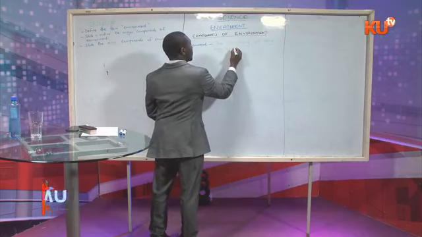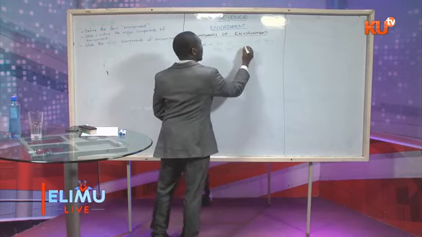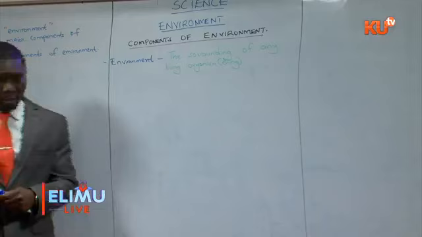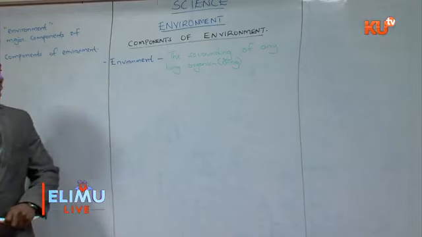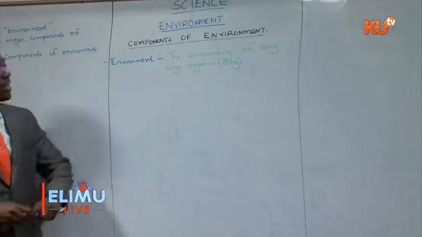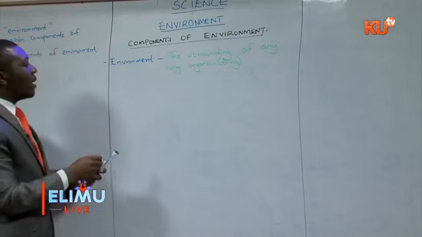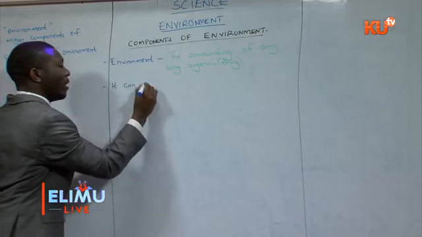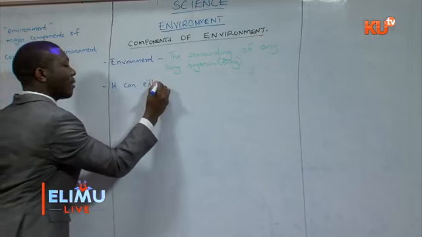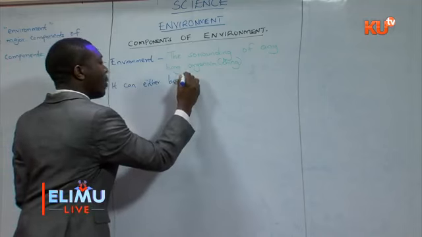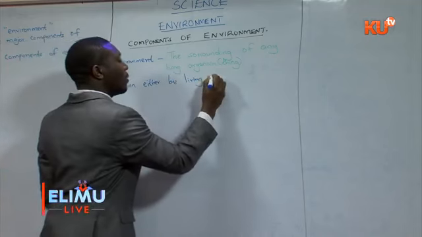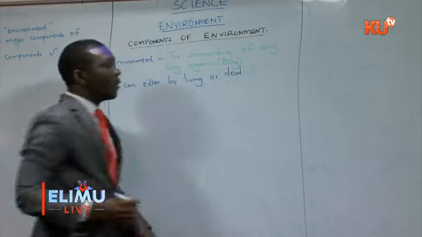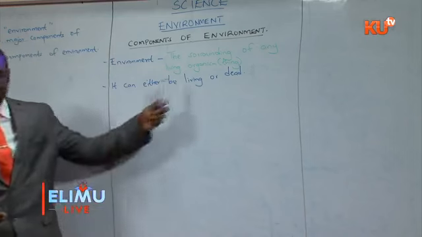Living organism is also known as a living thing. So when you hear the word organism, it's the same as a living thing. So anything that surrounds a living thing, we call it environment. And that thing that surrounds it can be either a living component or a dead one.